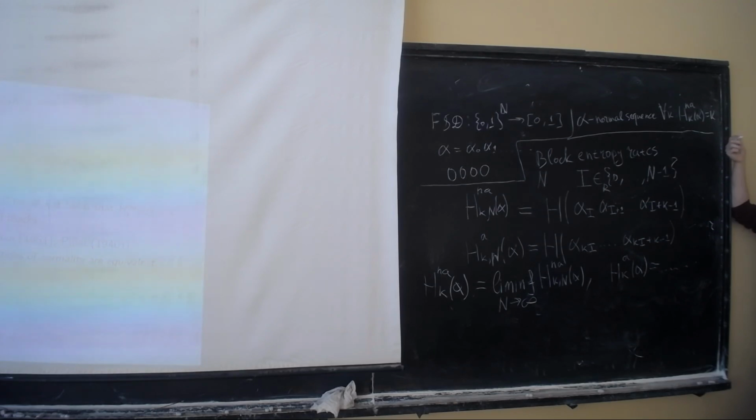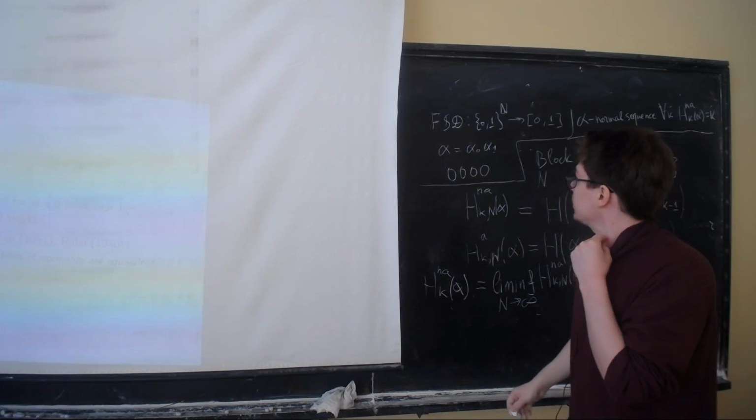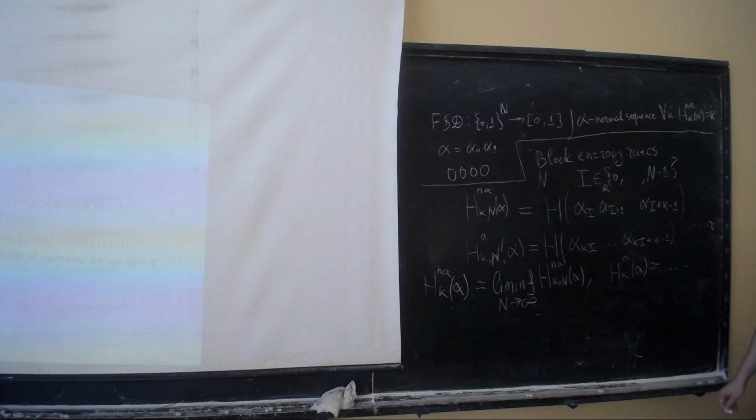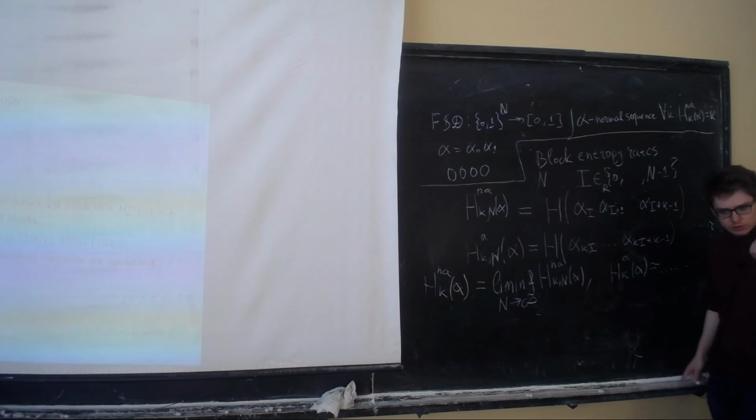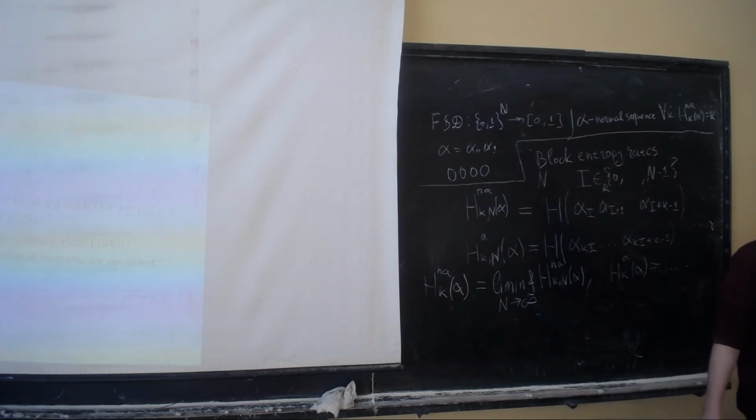So it's the usual definition of normality, but there is also one point here: there are two ways to define normality, and it's not obvious whether they are equivalent. We can take normality for non-aligned blocks and for aligned blocks. Yes, so here I wrote non-aligned blocks.